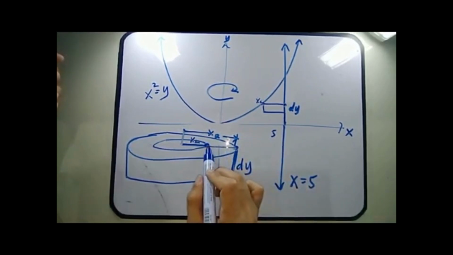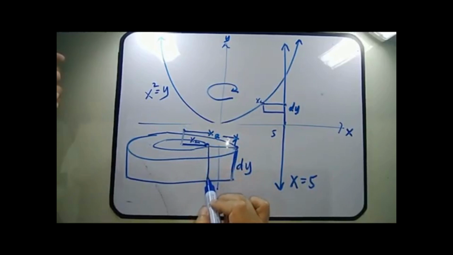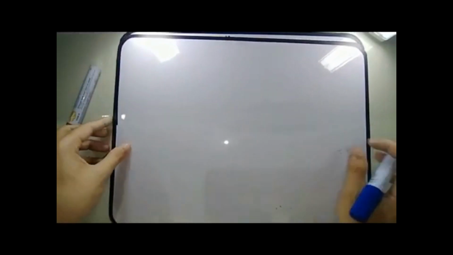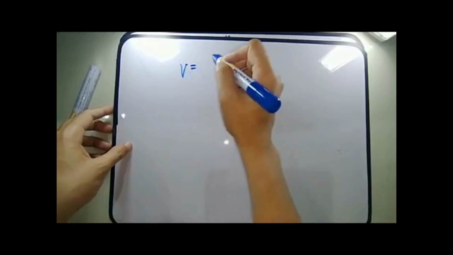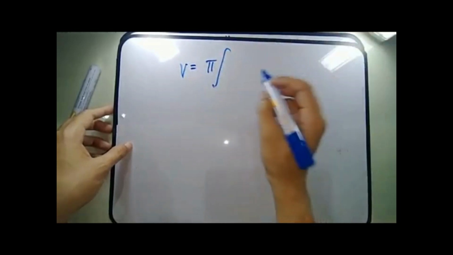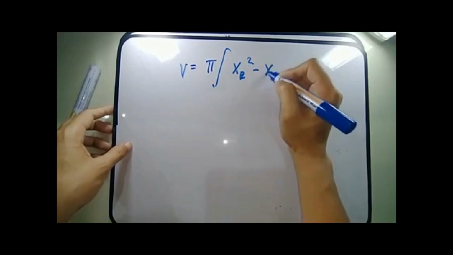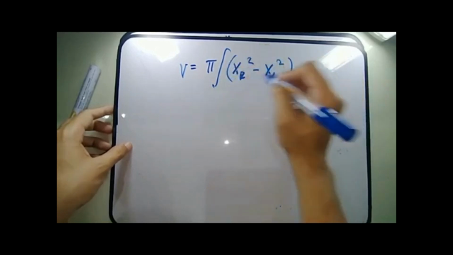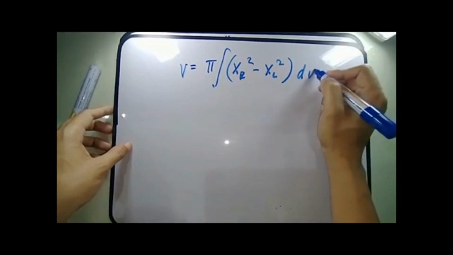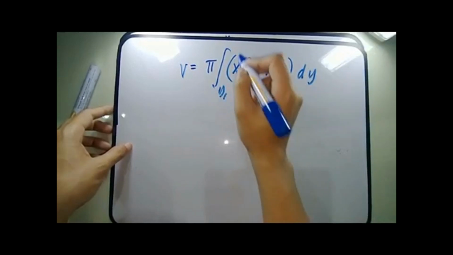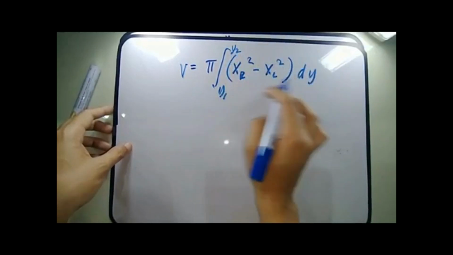So, basically, ito yung strip natin here. So, yung formulang gagamitin natin is volume equal. So, you have your pi integral of, you have here x right squared minus x left squared. You have here differential of y from y1 to y2. So, hanapin natin lahat yon.